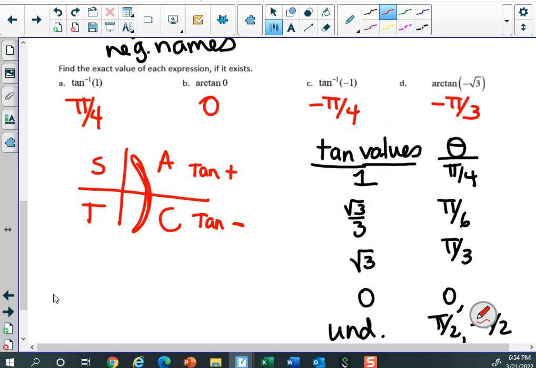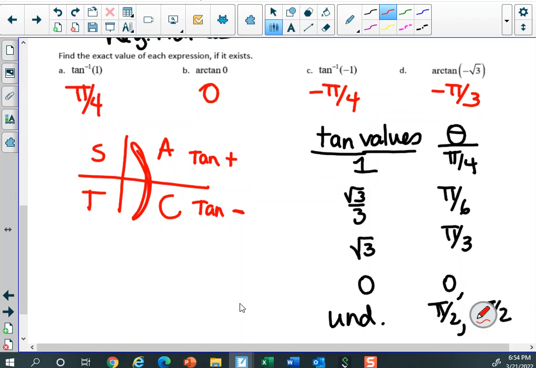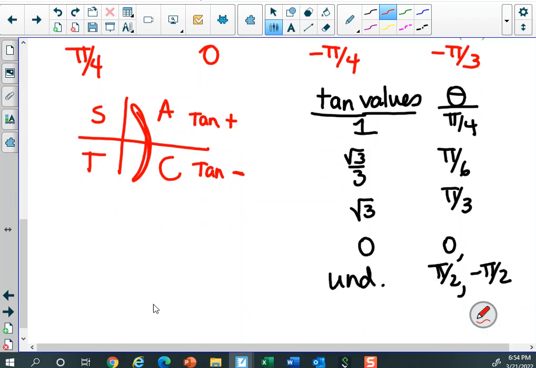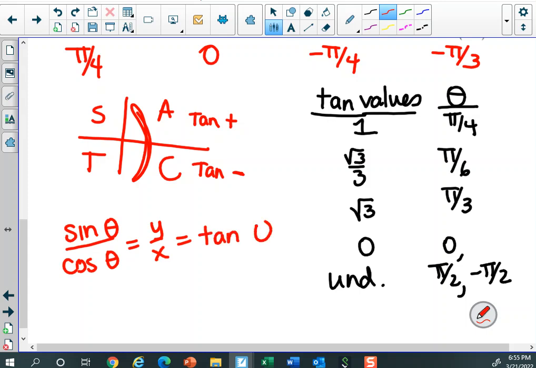Once again, it's a whole lot of being comfortable with your unit circle values, knowing your tangent values. A good trick you can use is that sine over cosine, or y over x, gives you a tangent.